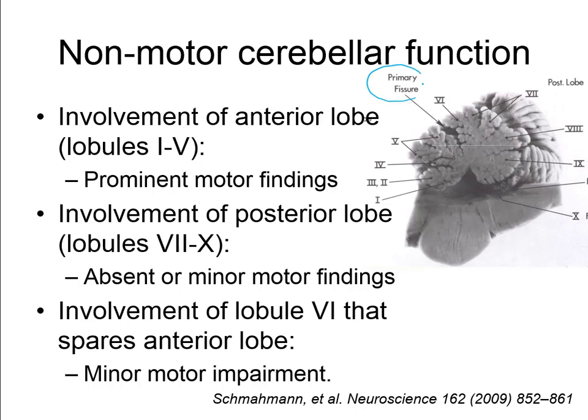The primary fissure separates out those things that always give you motor. Here's the lobule. These always give you cognitive, and this gives you a bit of both. So there's segmentation or separation of functional consequences across this anatomic boundary in the cerebellum.